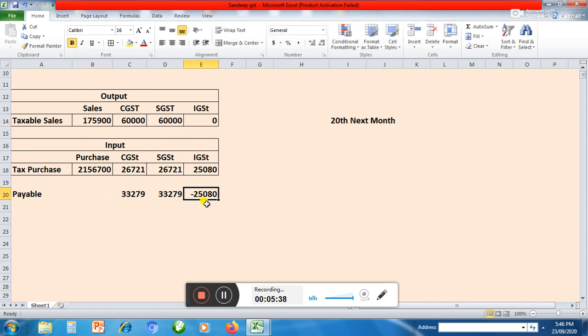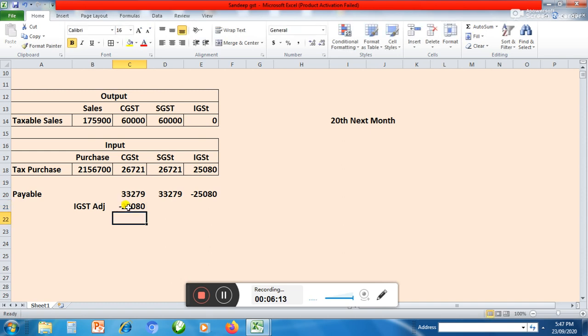See, this is negative here, 25,000 or so. When IGST is negative and these both are positive, I told you in the beginning, if all are negative, you don't have to pay the tax to the government. If all are positive, you have to pay everything to the government. And if IGST is negative, then IGST will be adjusted in CGST, remember. So here I'll write IGST adjustment. And here it is 25,080, so I'll put a minus sign.